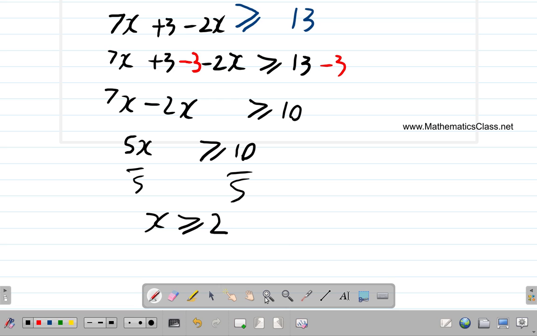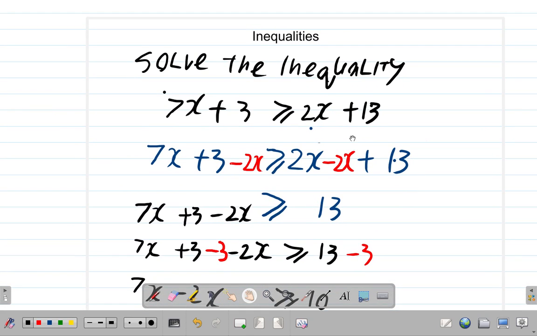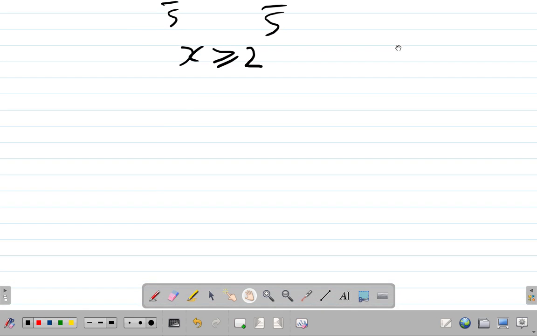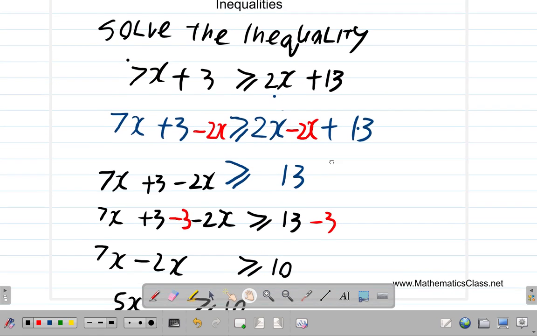Now, I want to make a little adjustment to this question here. 7x plus 3. So I have one other question similar to that. 7x plus 3 is greater than or equal to. Greater than or equal to what now?